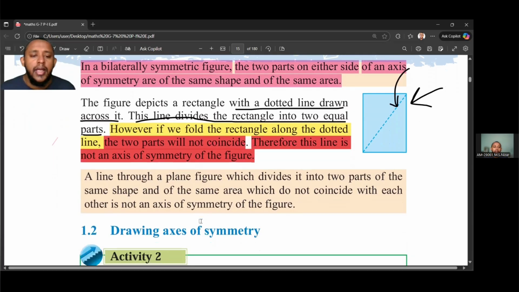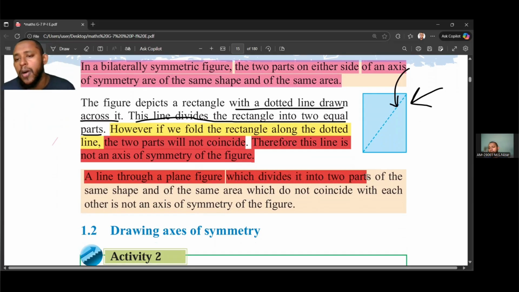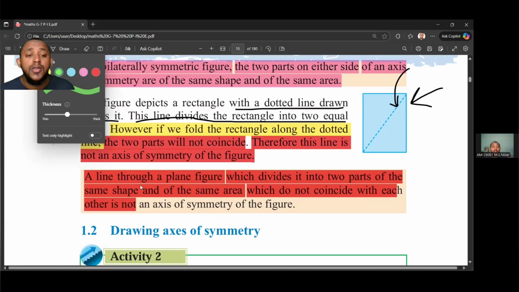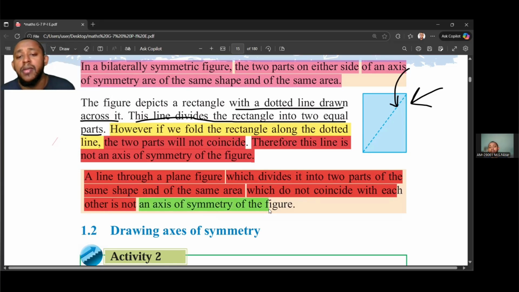Then, a line through a plane figure which divides it into two parts of the same shape and of the same area, but which do not coincide with each other, is not an axis of symmetry of the figure.